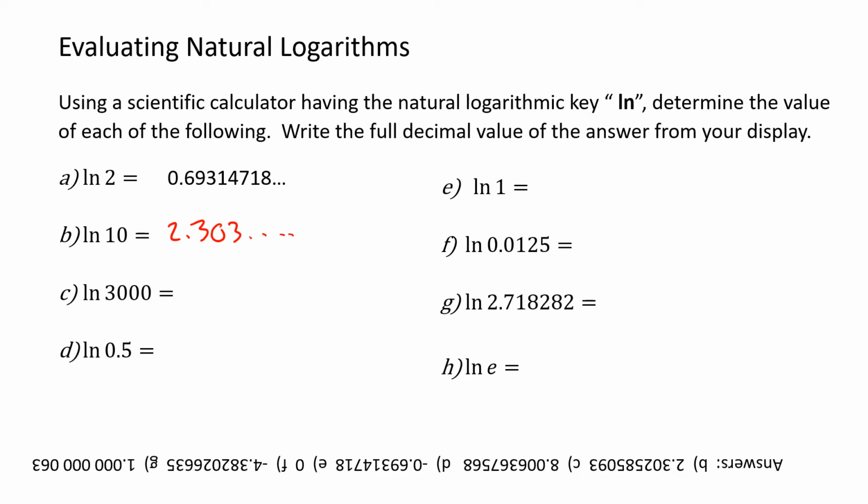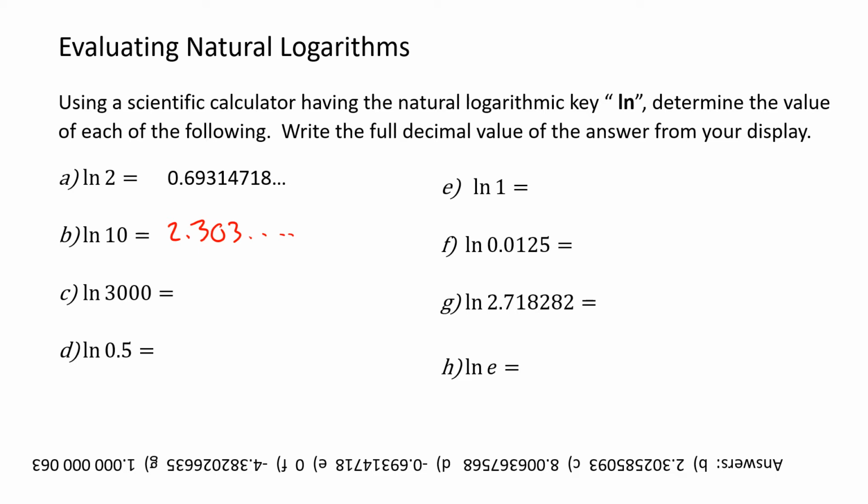Some of you instead might have to push 10 and then press the ln button. You'll have to experiment with that as we go through these to see which method your calculator actually uses. Depending on which one you purchase in our bookstore, I know that they do it either way.